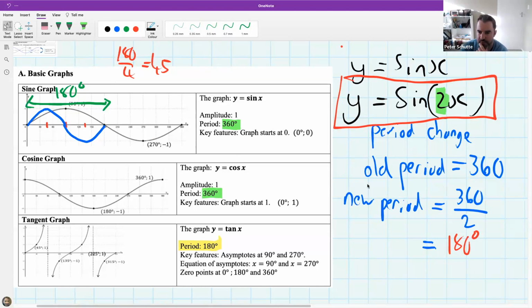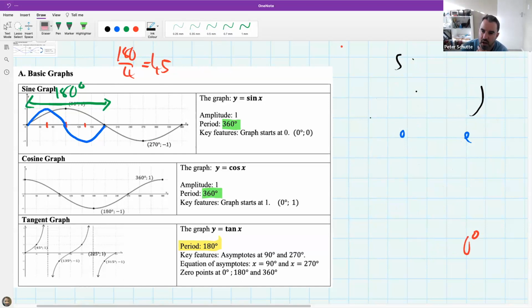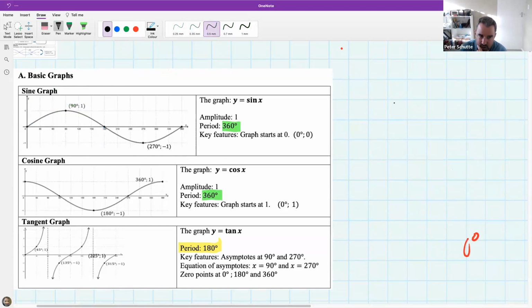Okay, that's awesome. Then one last one we need to be aware of. And I'm just going to use sine because sine seems to be the easiest way to do this. What if I said to you, what is the graph of sine x minus 30?